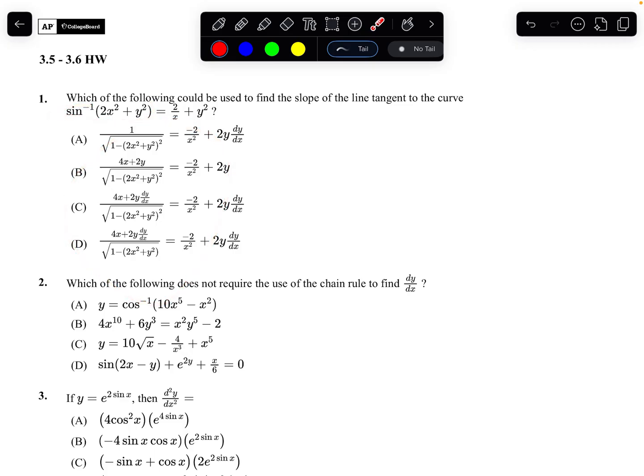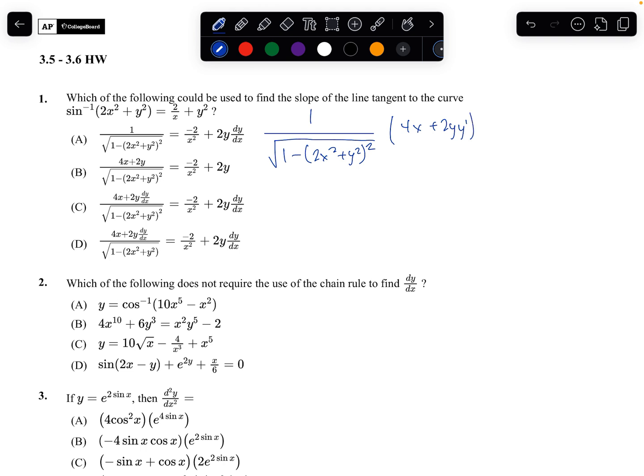So when I take the derivative of arc sine, I'm going to need the chain rule. So we'll take the derivative of the outside part, arc sine. The derivative of that would be 1 over the square root of 1 minus (2x squared plus y squared) squared. So this is the derivative of just the outside part. Now we have to take the derivative of the inside part, so multiplied by 4x plus 2y y prime.